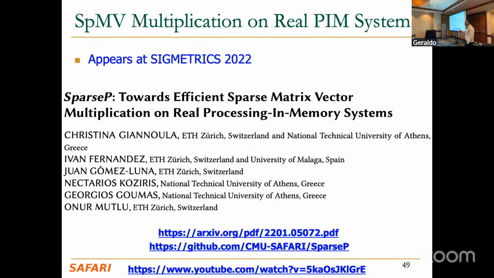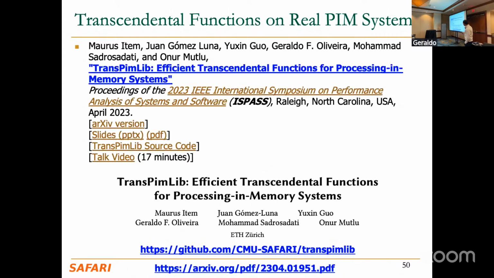As I mentioned, the workloads become more complex as we understand the system more and more. We also did some work on sparse matrix multiplication, sparse matrix-vector multiplication on this UPMEM system. We have some transcendental function support because the hardware of the UPMEM chip is quite limited to integer arithmetic operations.